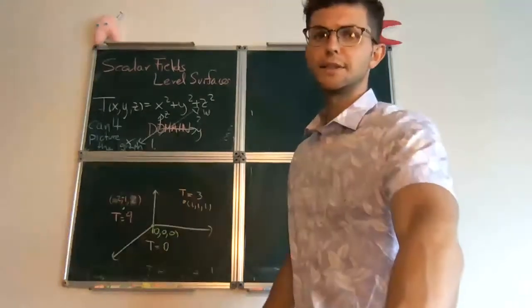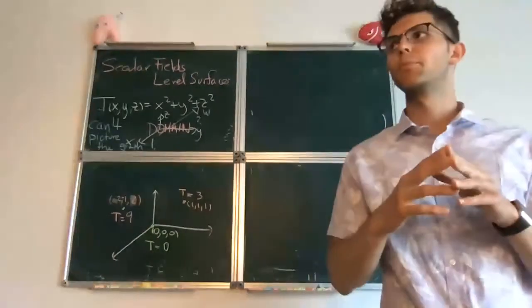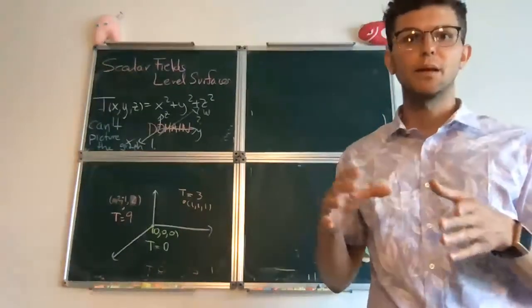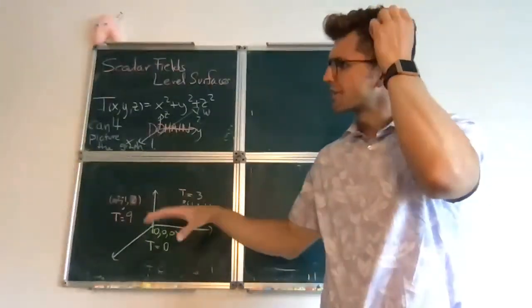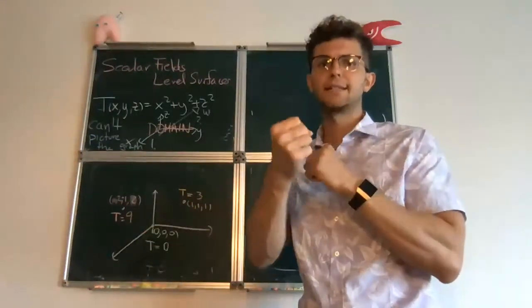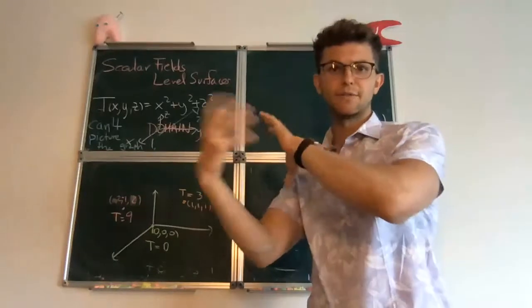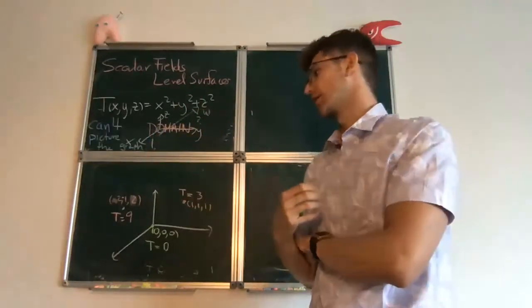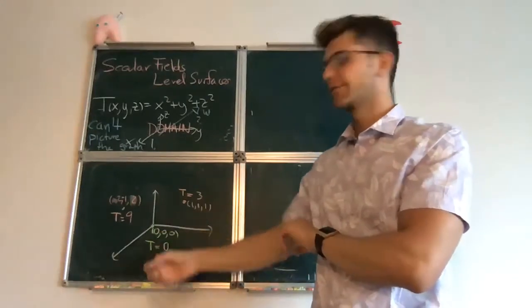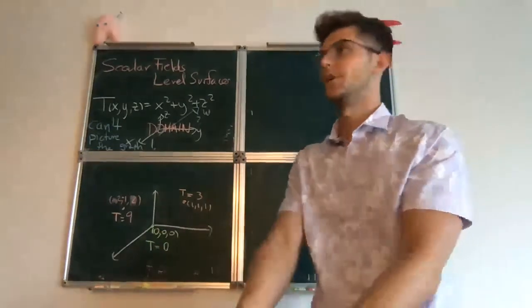So with this interpretation of the function, you can give up the idea of trying to find the graph, and you're just happy with thinking that every point in space carries the information about the function. Okay, so this point has a value 3 attached to it, this point has a value 0 attached to it, and so on.